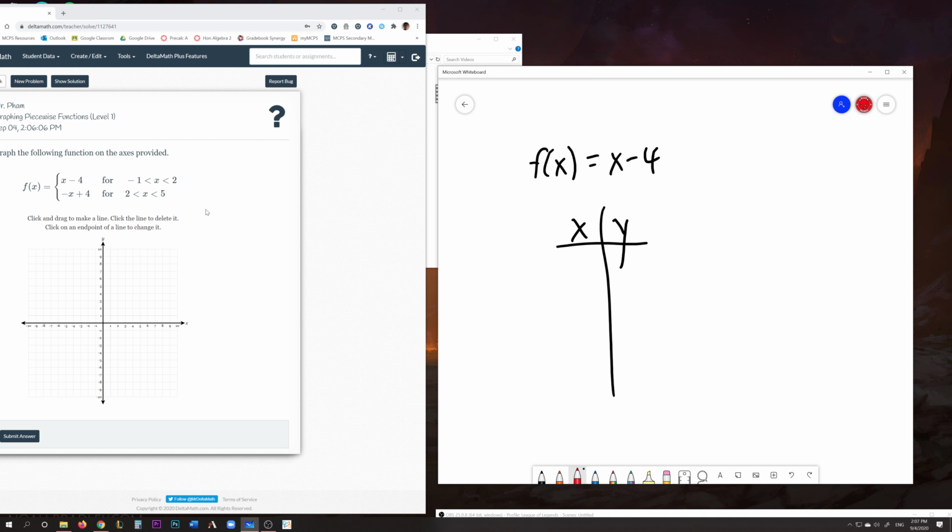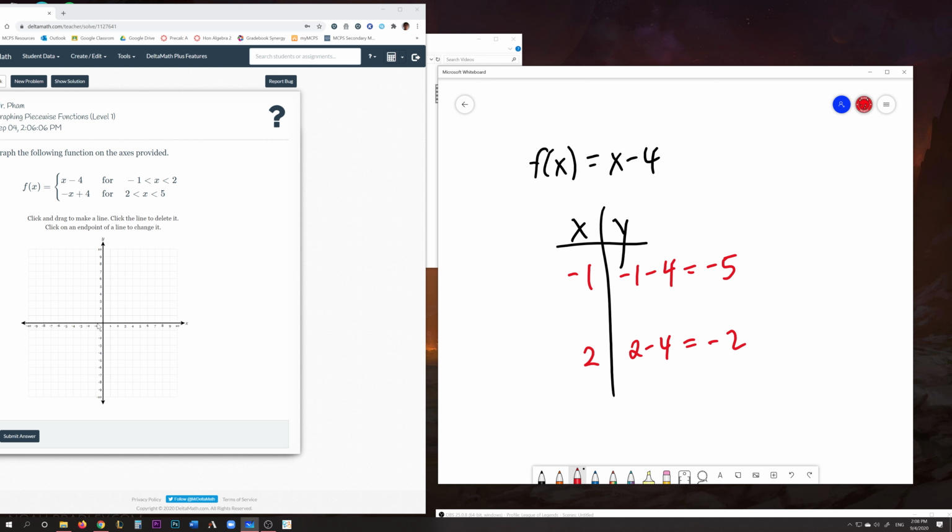So if I plug in -1 and 2 inside this equation, I get -1 minus 4, which is -5. Likewise, if I plug in 2 minus 4 is -2. So when I plug in -1 into x minus 4, we get -5. So -1 comma -5 is an endpoint.